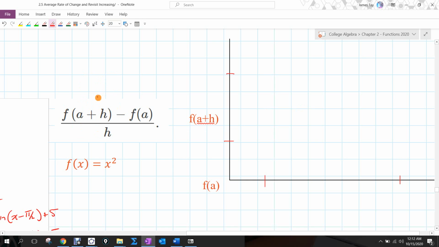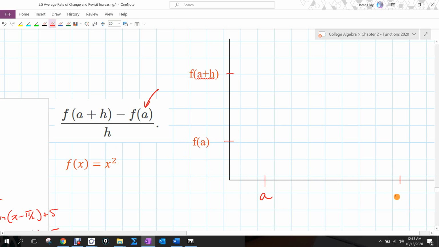All this is is a restructuring of what I just talked about. What we have here is f of a plus h minus f of a. Well, a is an input, which means it's an independent value, so it must be representative of an x value.